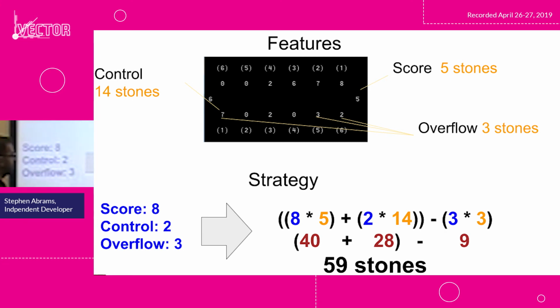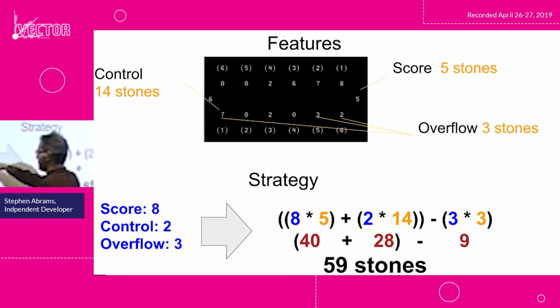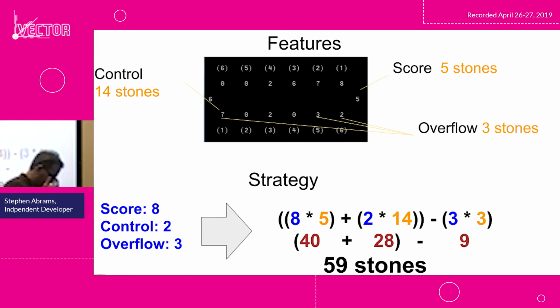The way I do this strategy is by assigning a weight to each one of the features. In this case, I assign a weight on a scale of 1 to 10. So I assign 8 out of 10 to the score, 2 out of 10 to control, and 3 out of 10 to overflow. And then I just do a weighted average, essentially.